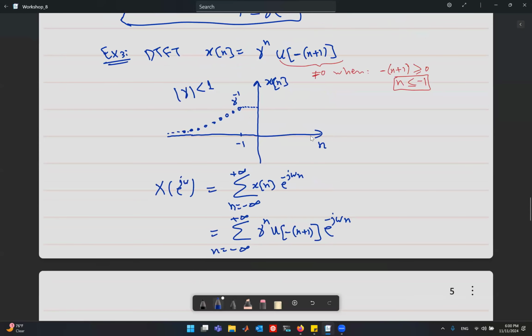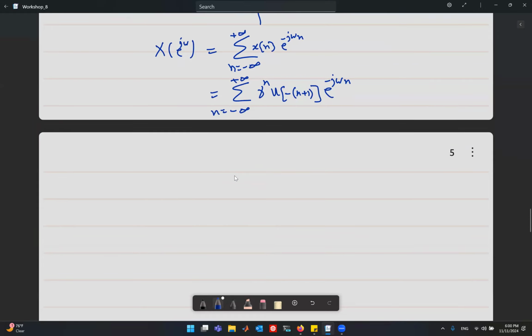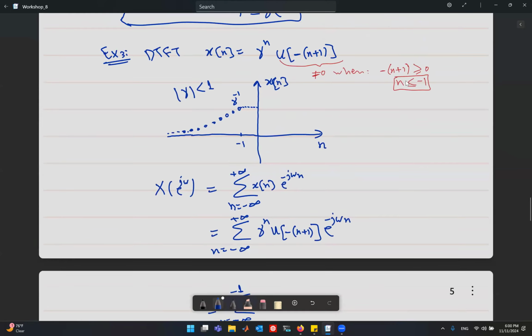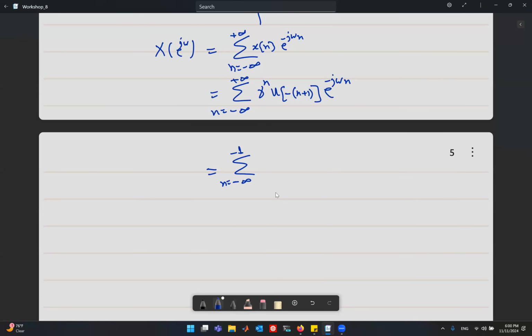And as we have seen, this is non-zero only when n is less than or equal to -1. So the limits of the summation will now be from -infinity to -1. Over this range, u of minus n plus 1 will be 1, and what's left is gamma to the n times e to the minus j omega n.